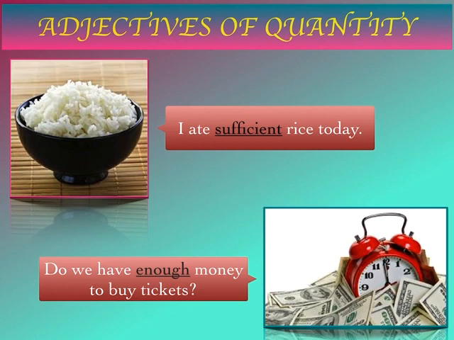So enough is an adjective of quantity used for the uncountable noun money. Students, you need to remember that we are talking about money in general. If we say 10 coins or 10 notes of 100 rupee note, those are countable, but if we are using money in general, that is an uncountable noun.